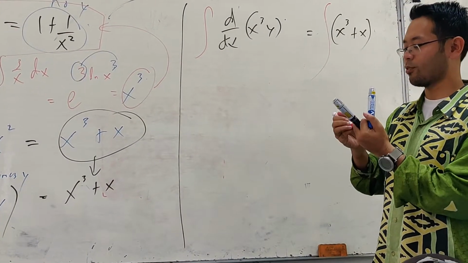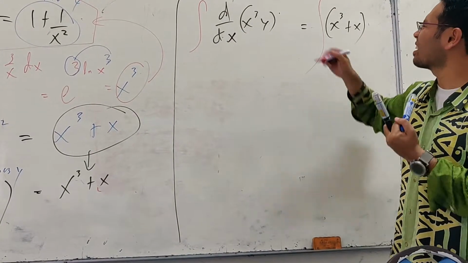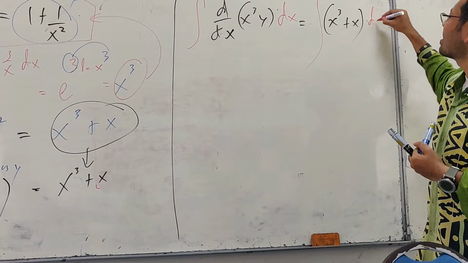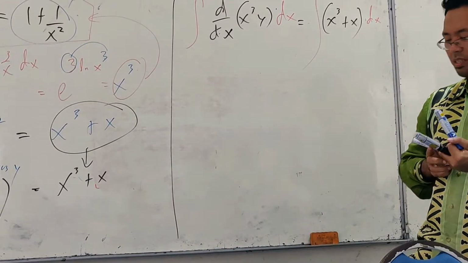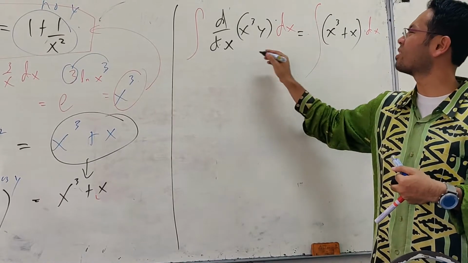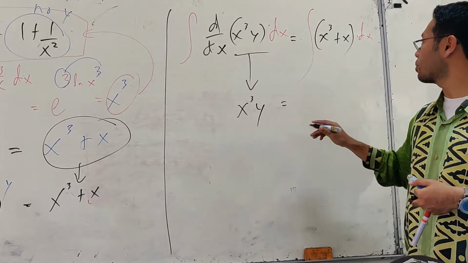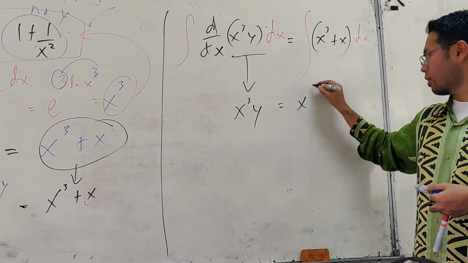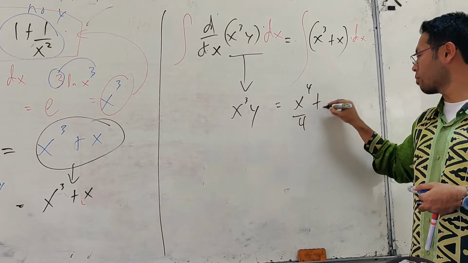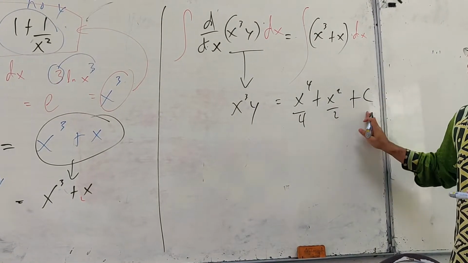You see, that's a horrible one. This one, integrate, differentiate, they disappear, so just x cubed y equals x to the 4 plus x squared over 2 plus c. Don't forget this one.